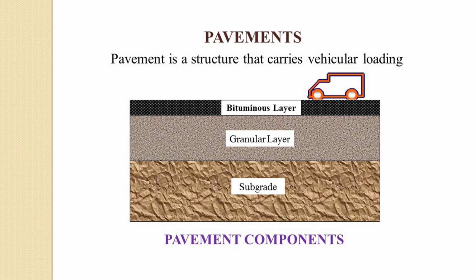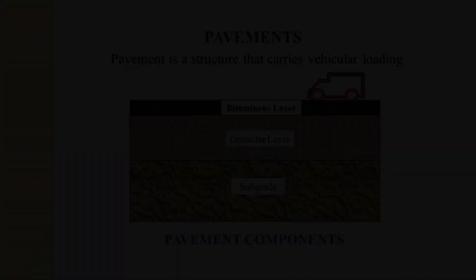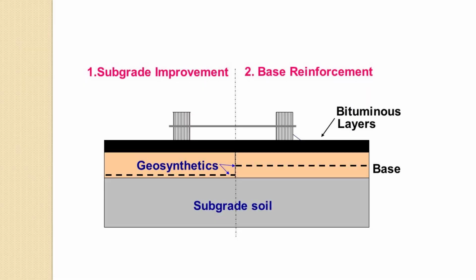So the vehicle moves over it. In the pavement, I am just going to give you an idea. Each one is a separate topic. You can go into detail much later, in other lectures.